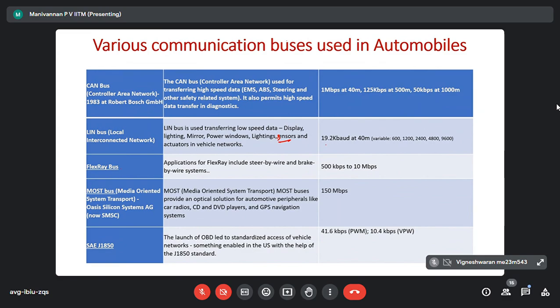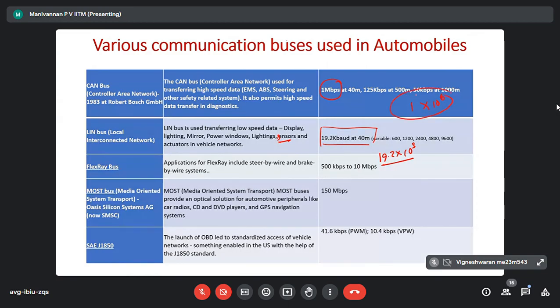Generally, the max distance you can transfer is up to 40 meters, at 19.2 kilobits per second. Very, very slow, right? Here we are talking megabits. This is 19.2 into 10 power 3 bits only, while here it is 1 into 10 power 6.